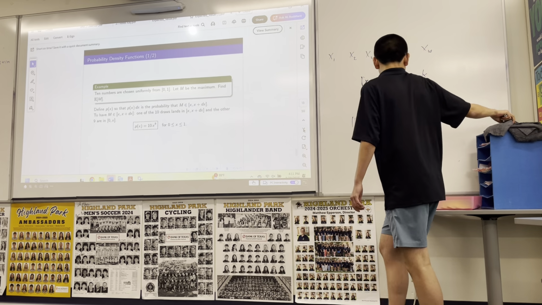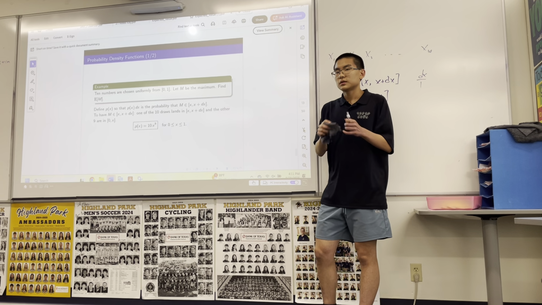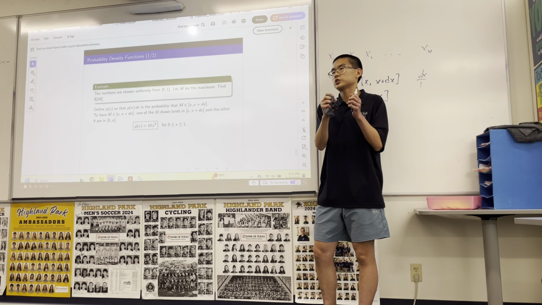We can check that this probability distribution function, p of x, is correct by integrating it over the bounds of x. In this case, x is from 0 to 1. So if we integrate it, we should expect to get 1. Like, for any probability function, the sum of all the probabilities is equal to 1. So the analogous thing for probability distribution functions is that if you integrate p of x dx, you should also get 1.